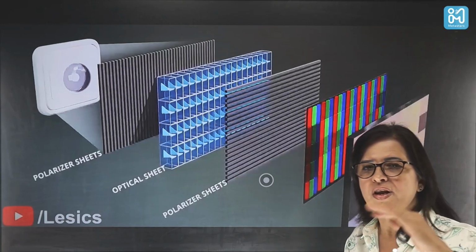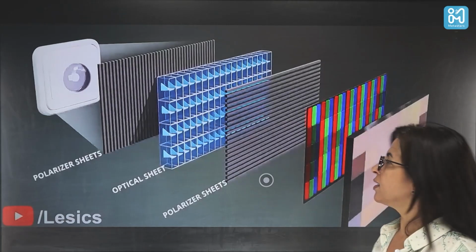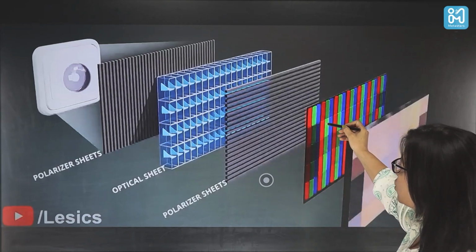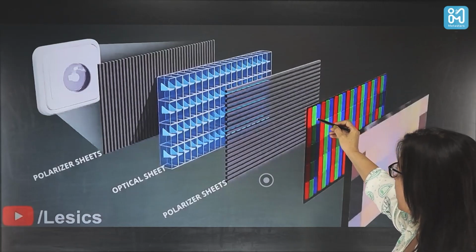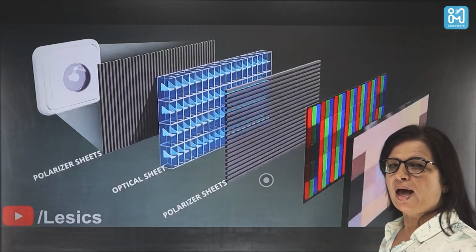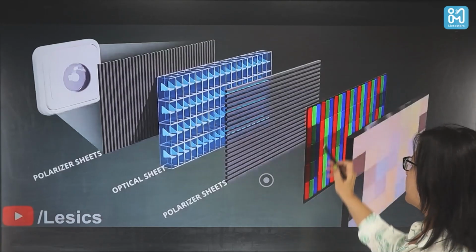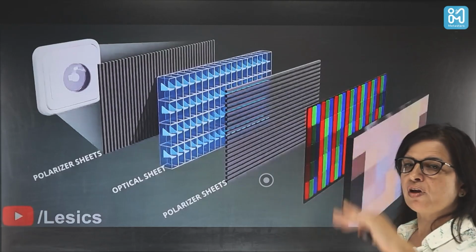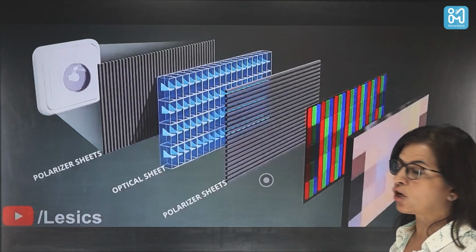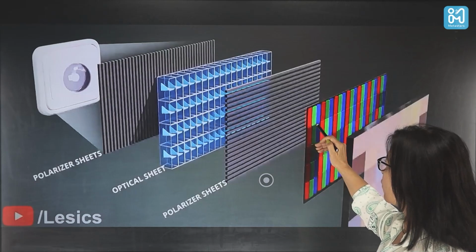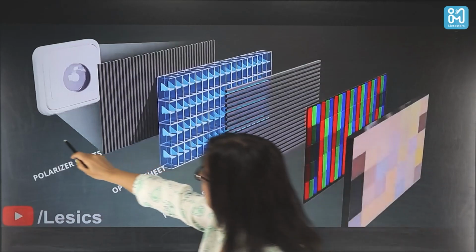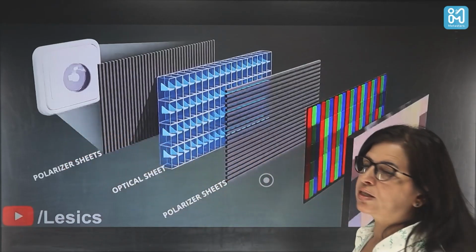But if I need a different level of brightness, in order to give different levels of shading of colors, for example light green, dark green, different levels of green, different levels of red, different levels of blue, in order to give me a variation of colors, then for each pixel we have to change the brightness of the light coming to this filter.